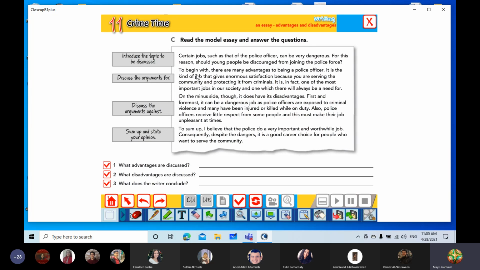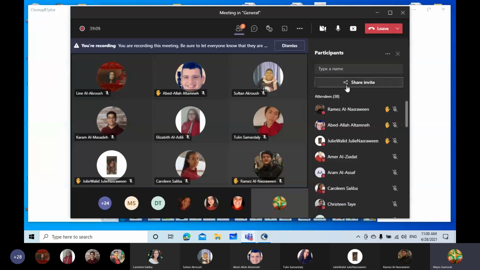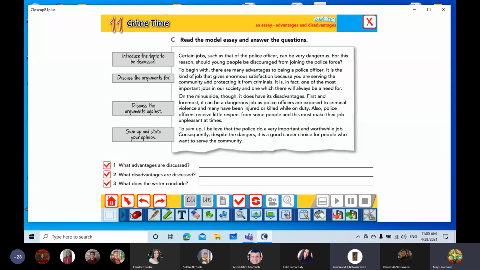Let us see. I'd like a student to read the extract for me, the text, the second paragraph I believe in here, and I'll have Julie read. To begin with, there are many advantages to being a police officer.